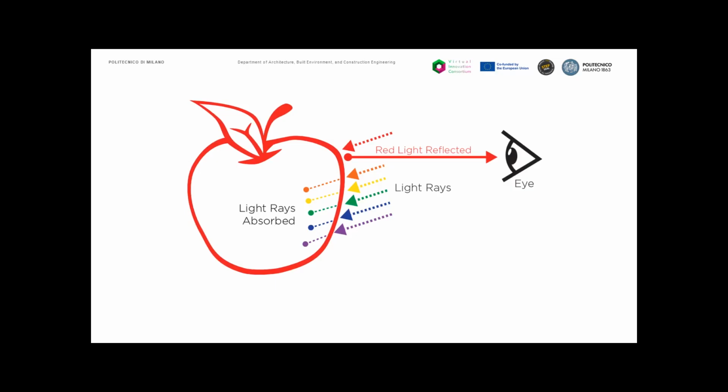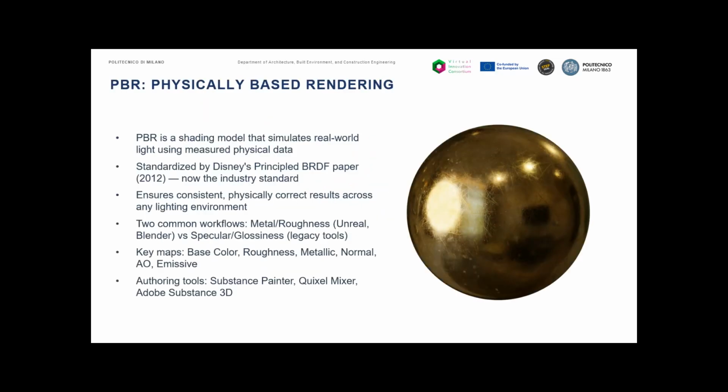So how do we use materials in 3D modeling? We use PBR, which stands for physically based rendering, a shading approach that simulates real-world light behavior using physically measured data rather than artistic approximations.